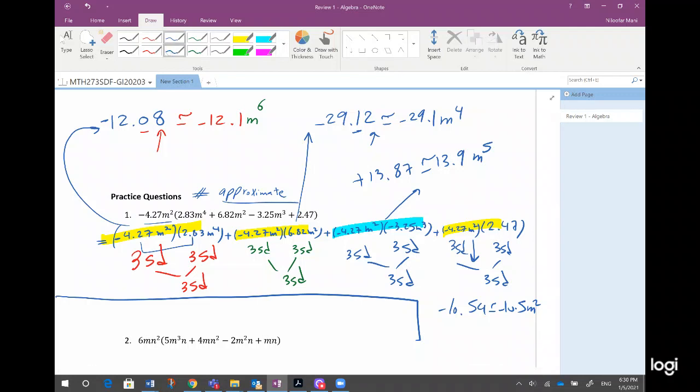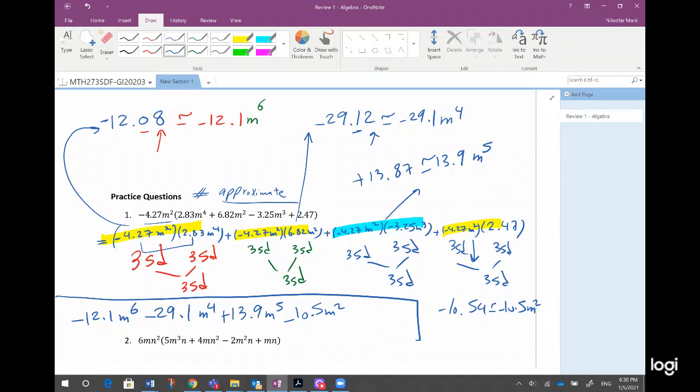Yes, it is minus 12.1 m power 6, minus 29.1 m power 4, plus 13.9 m power 5 and minus 10.5 m squared. See, I multiply each with each term inside.